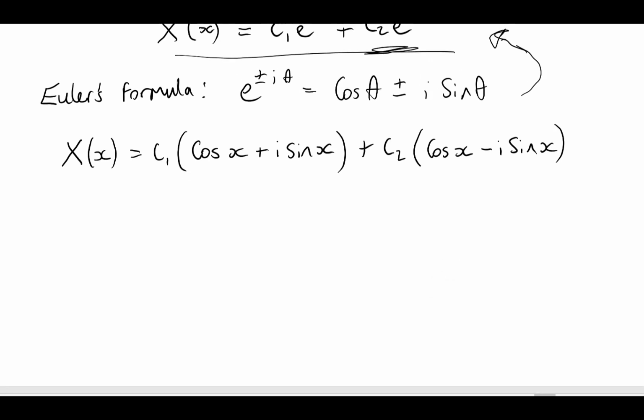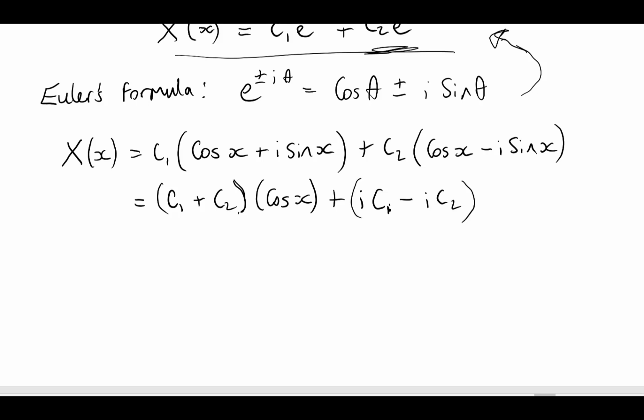And what we're going to do is factorize that. We see the same factors in here: C1 plus C2 multiplied by cosine x plus, okay, we've got i C1 minus i C2, and the common factor there is sine x.